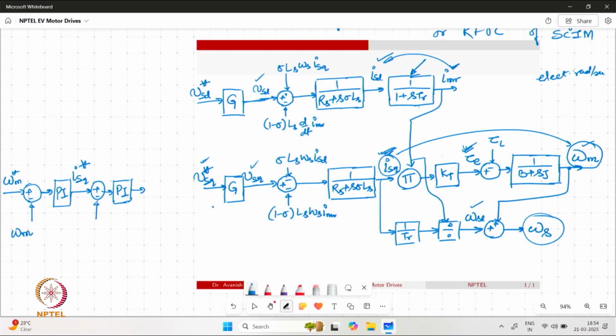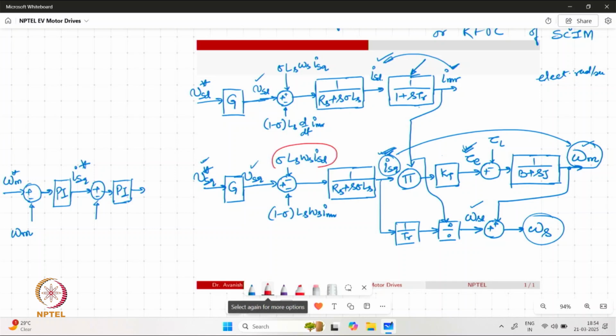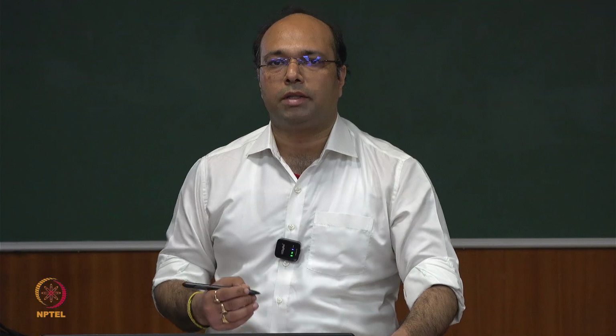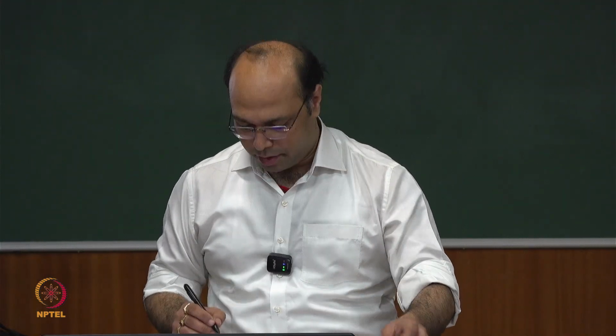However, in this model, once we apply the voltage on the machine, we have certain nonlinear components indicated here. These appear on account of the cross coupling and something which represents the back EMF in the machine. So these nonlinear terms must be compensated in advance through feed forward components to make the system linear.